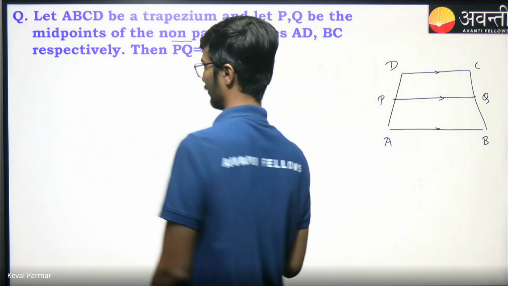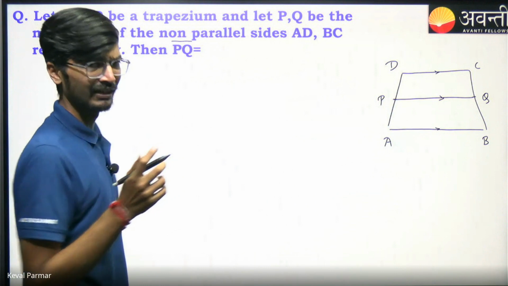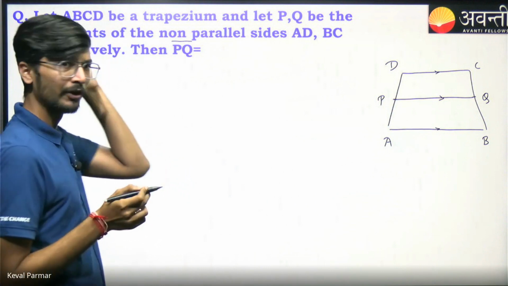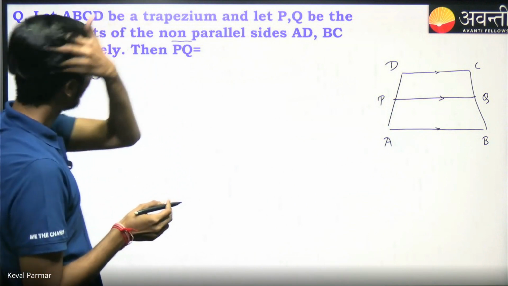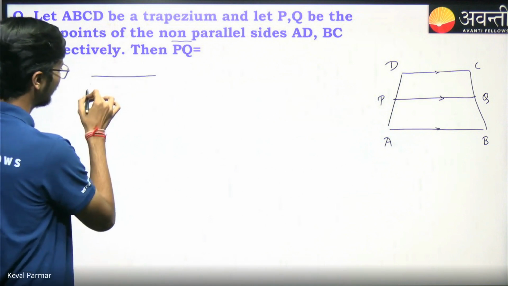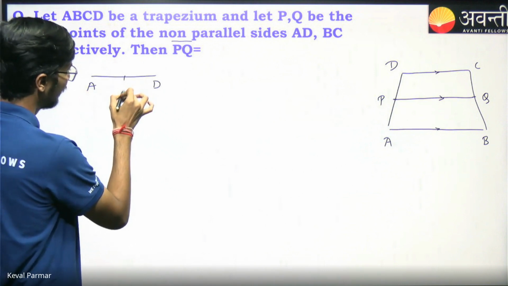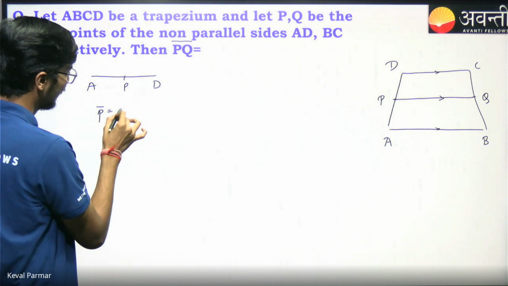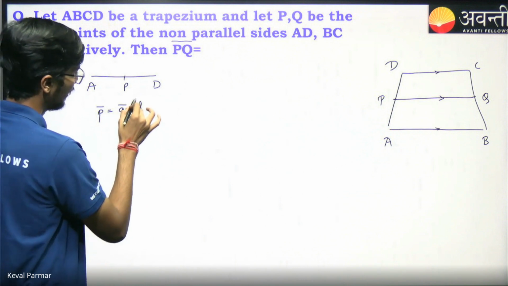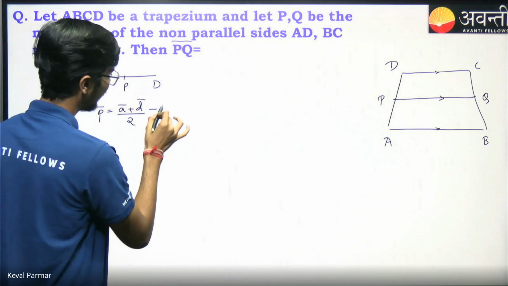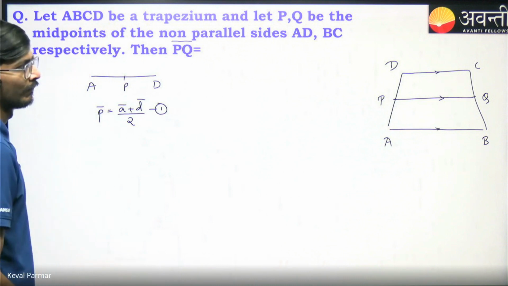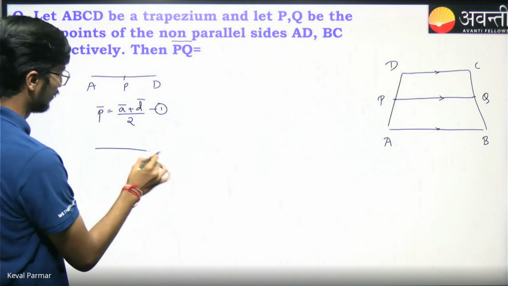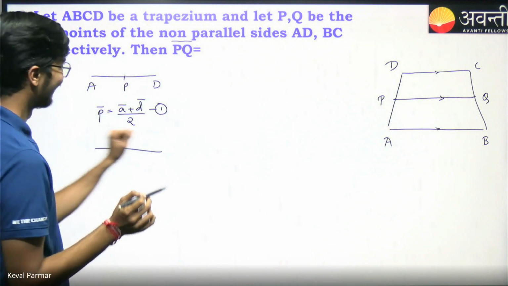So first write the given information. P is the midpoint of AD. So this is line segment AD, this is point P. And what was the midpoint formula? P bar equals A bar plus D bar upon 2. Let's mark it equation number 1. What is Q bar, guys? Should I write it directly? Okay, let's write it directly.